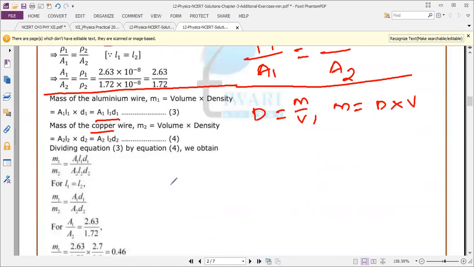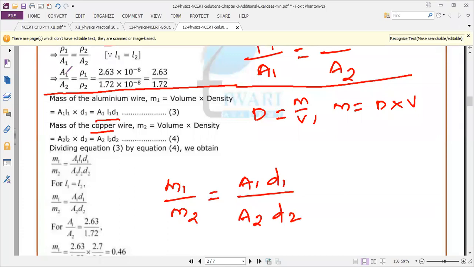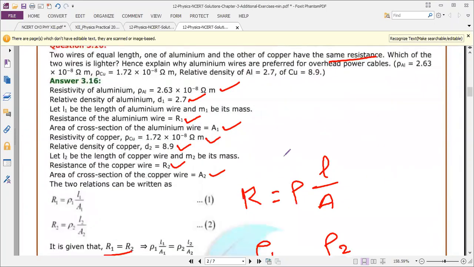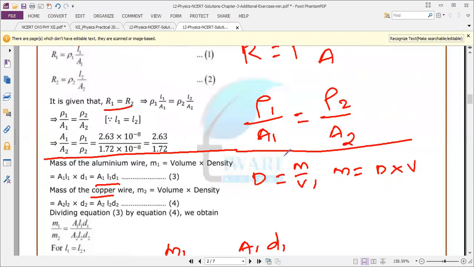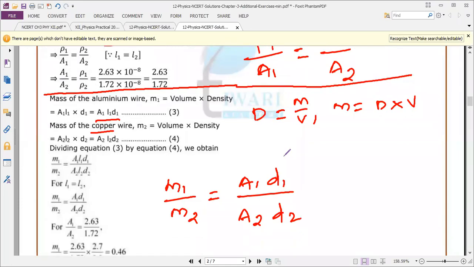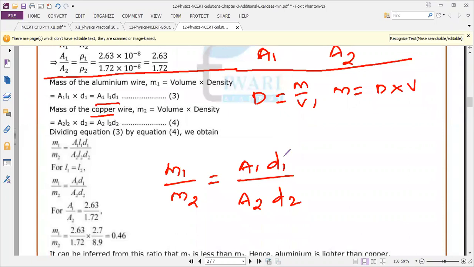Next, M1 divided by M2 is equal to A1 D1 divided by A2 D2. Already we know the value of A1 by A2. Same thing, D1 and D2 values you know very well. In the question paper itself they have given D1 and D2. Just apply the values. Find the value of the ratio of M1 and M2.